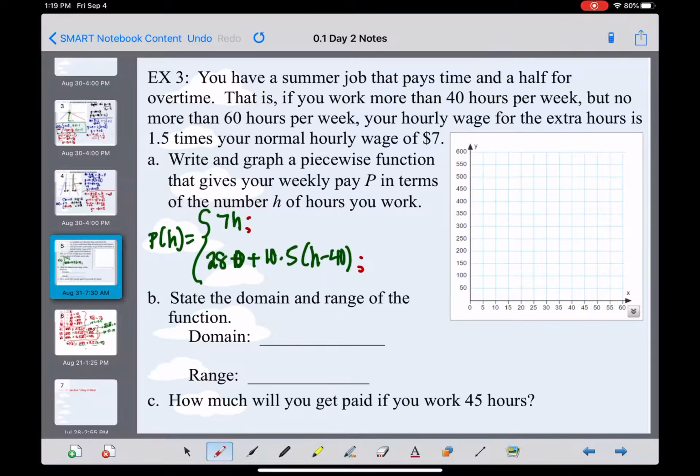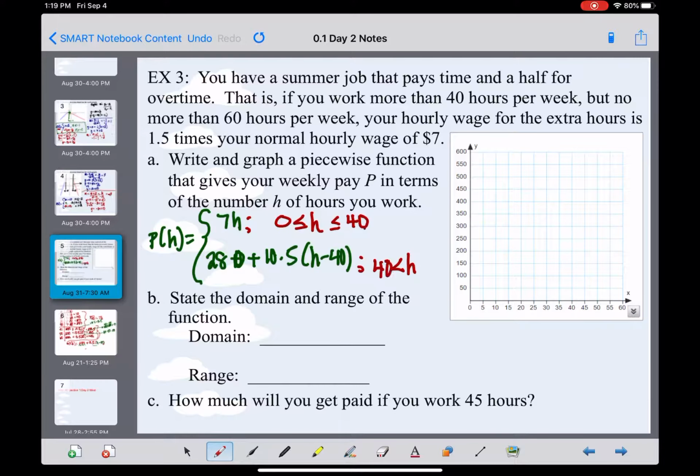So 7H is for when the number of hours I worked is less than or equal to 40. My number of hours can't be negative, so I could work none, so I'm going to include 0 here. I have to make sure H makes sense with the problem. Now for this next one, H has to be greater than 40.